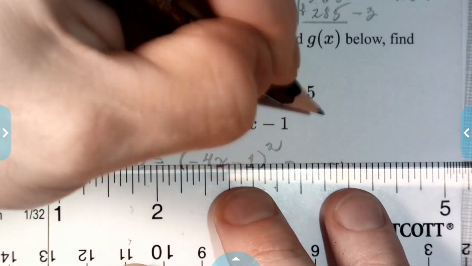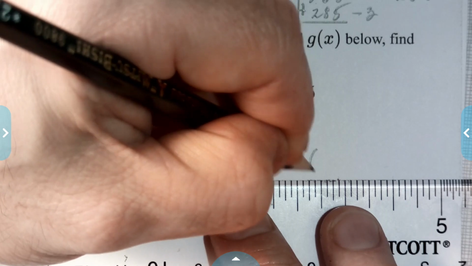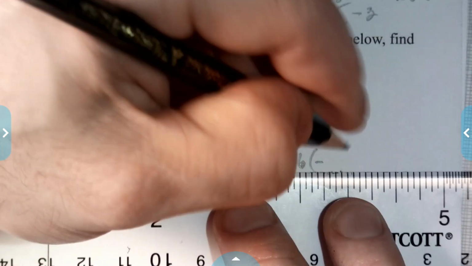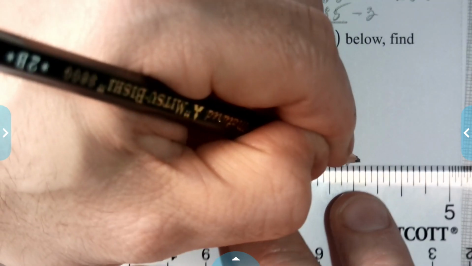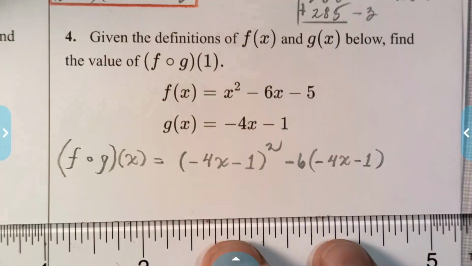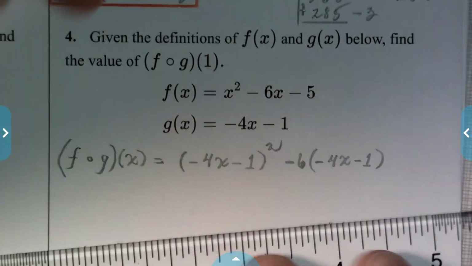And then we have minus 6, open parentheses, negative 4x minus 1. And then minus 5.